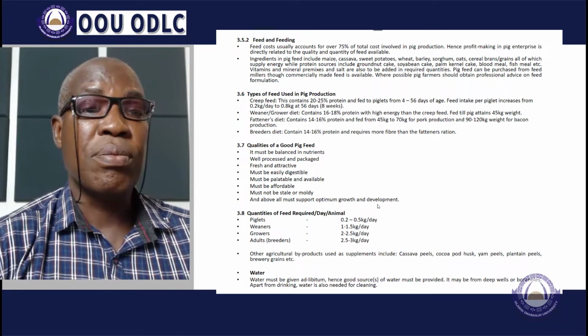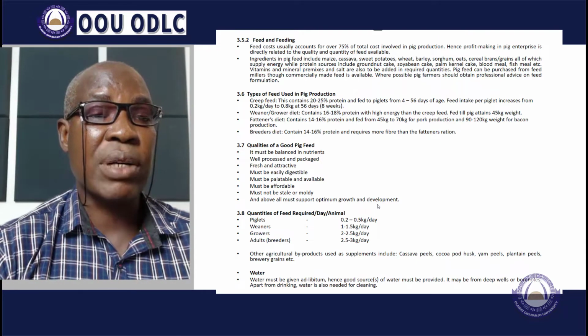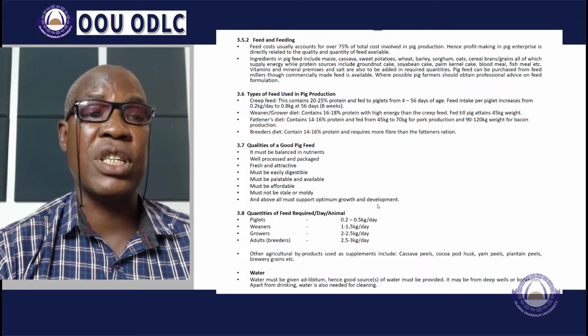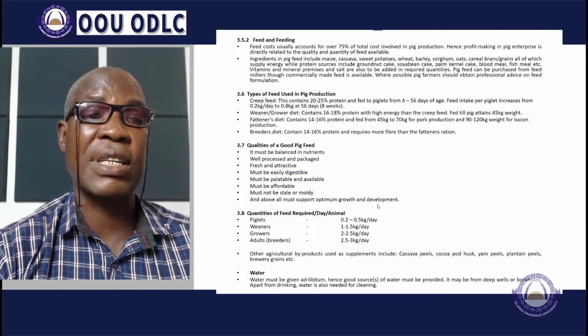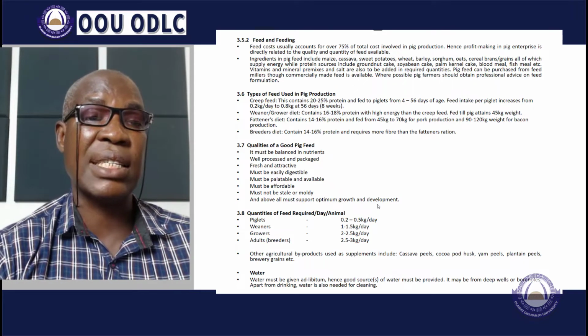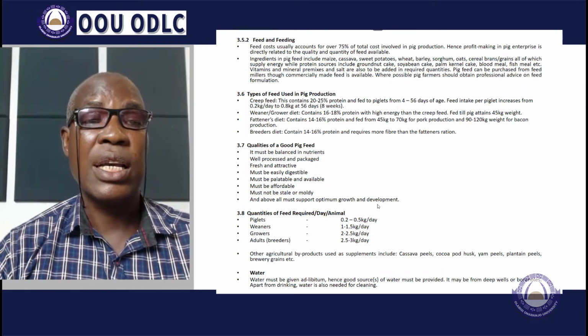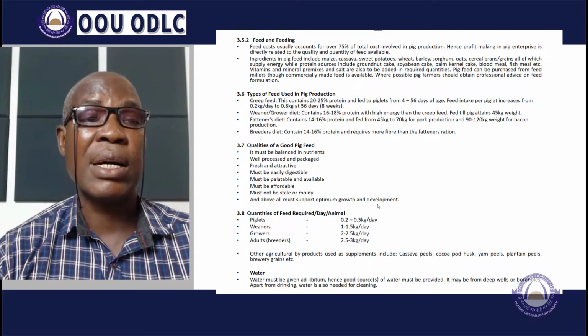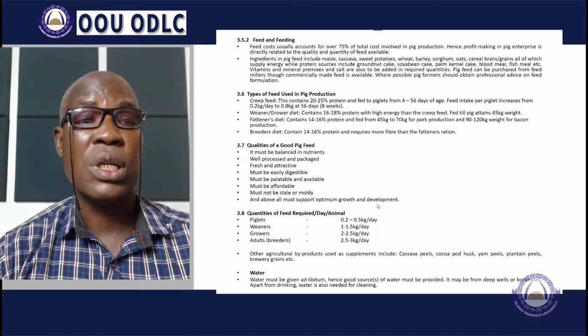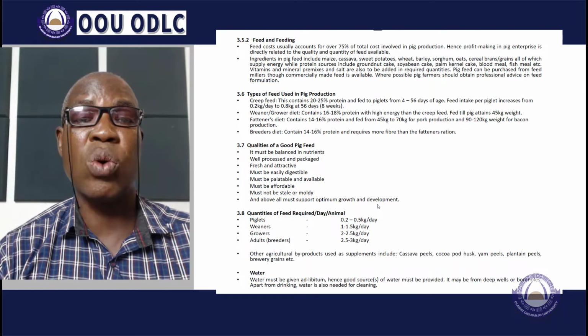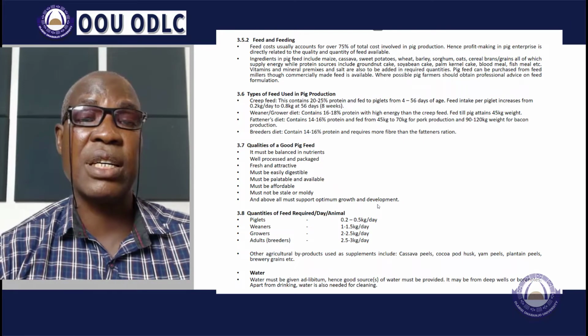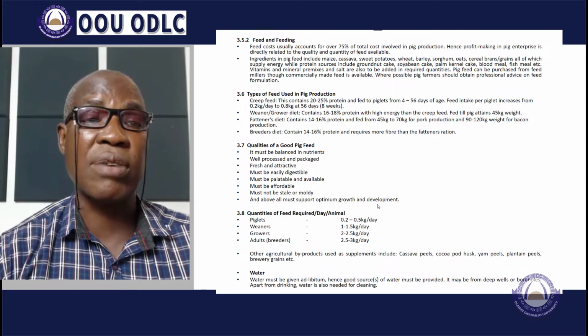Types of feed used in pig production. We have about 4 types of feed. We have the creep feed, the weaner or grower diet, the fattener's diet, and then the breeder's diet. Each of these classes of feed is given to each class of animal. The first one is given to the young ones from maybe the 4th day to about the 6th or 7th week.